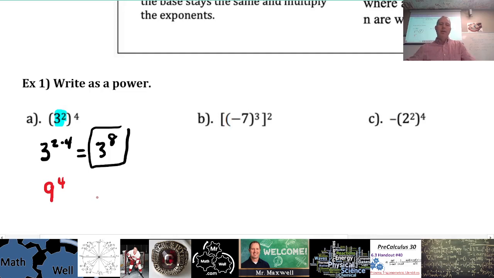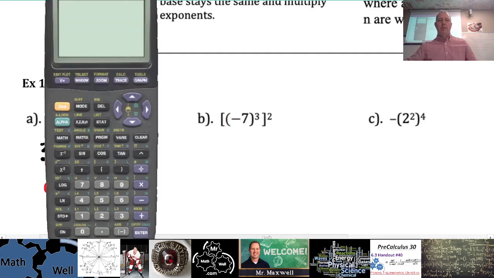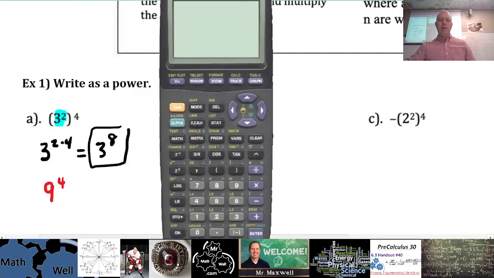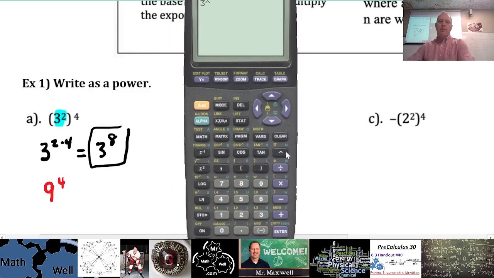Now, is that wrong? Well, let's just see. I've got my fancy calculator here. 3 to the power of, and this is the power button for some of you, this little hat, 3 to the power of 8 is 6,561. Now, 9 to the power of 4 is the same answer.